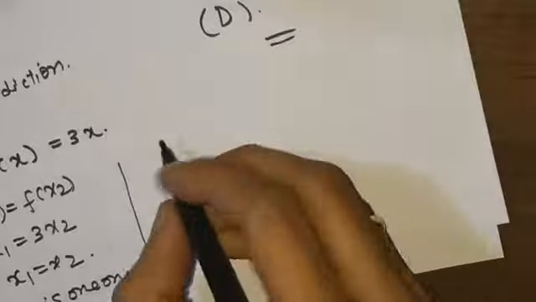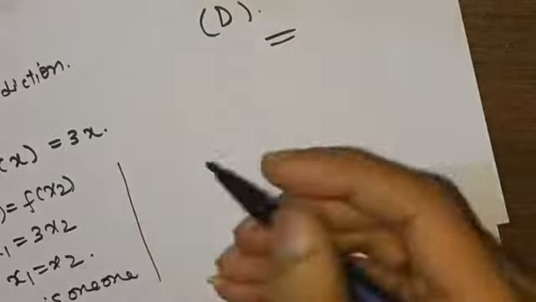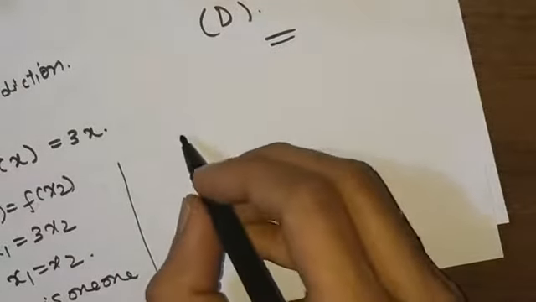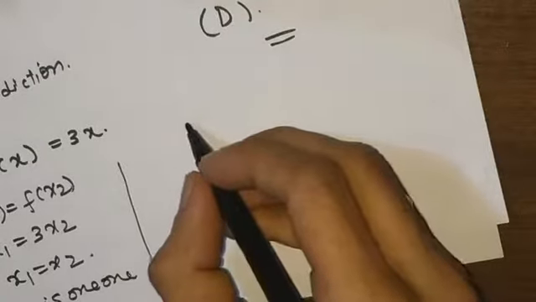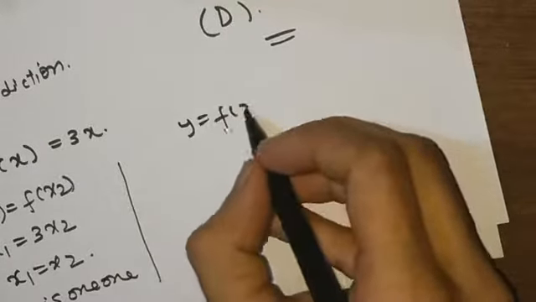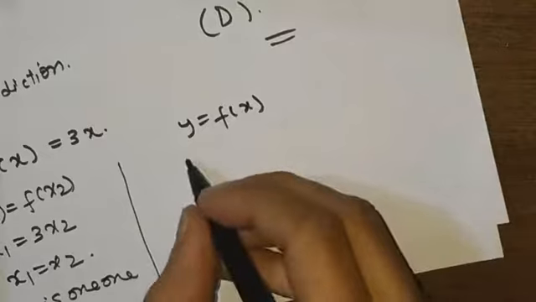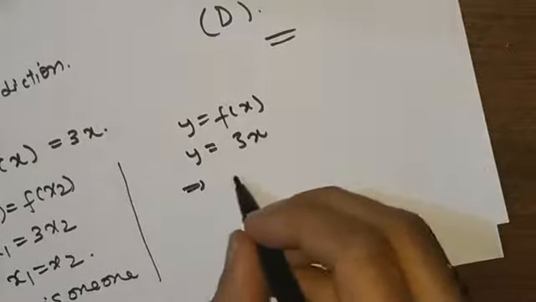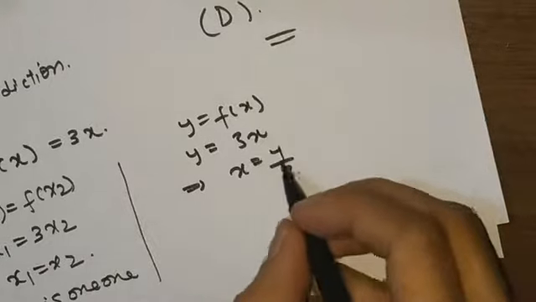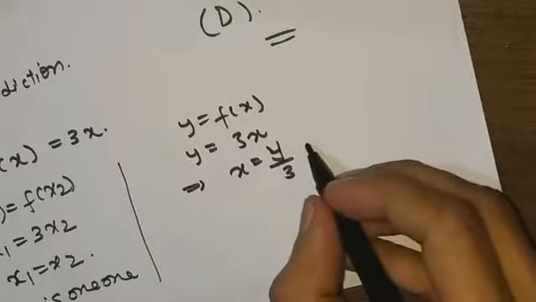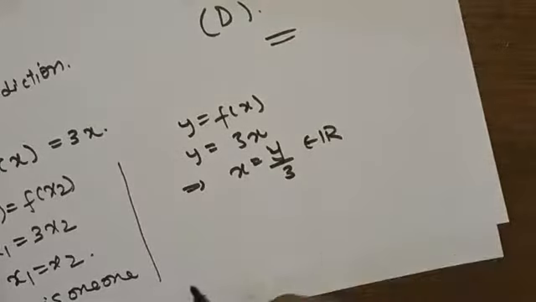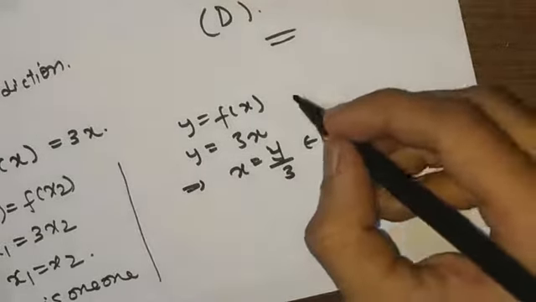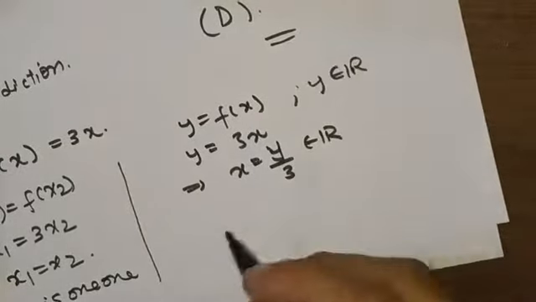Now if we check whether the function f is onto, then y = f(x) you have to take. That means y = 3x. So that means x = y/3, which belongs to R, and this y also belongs to R.